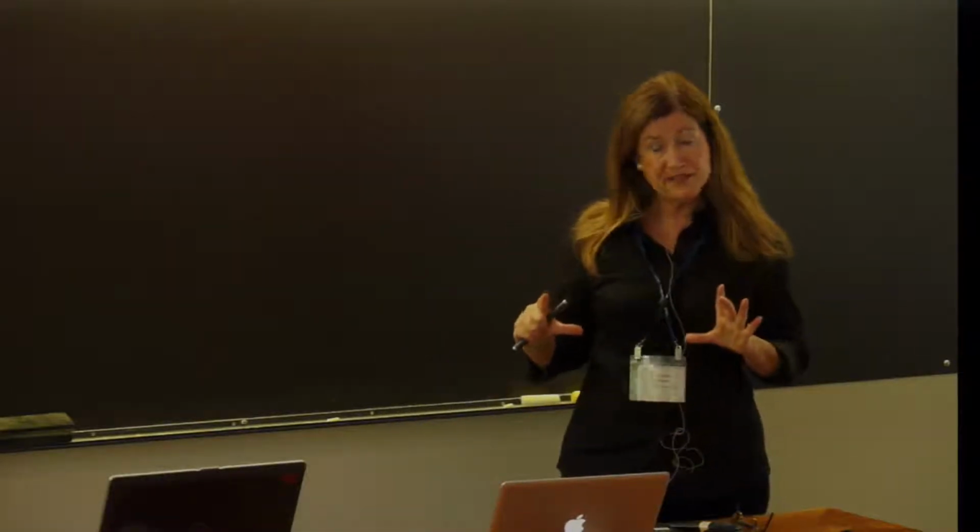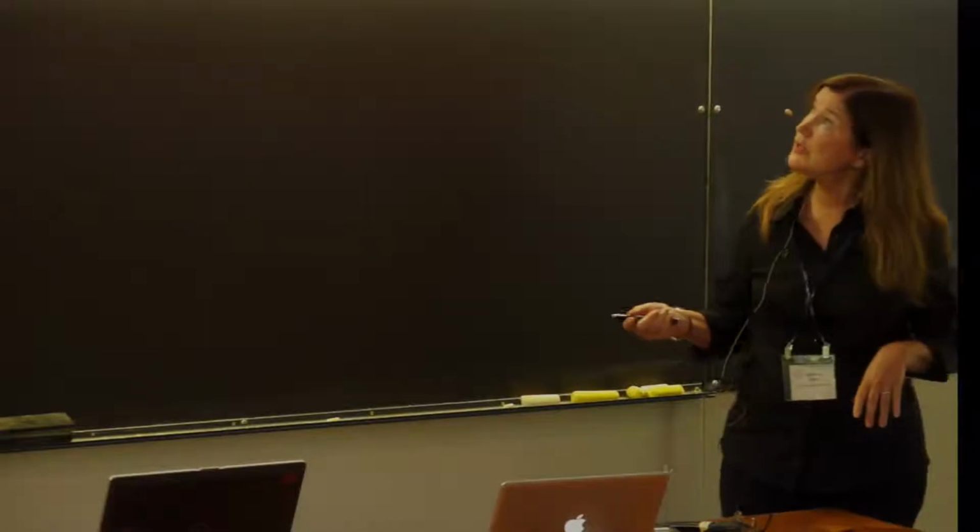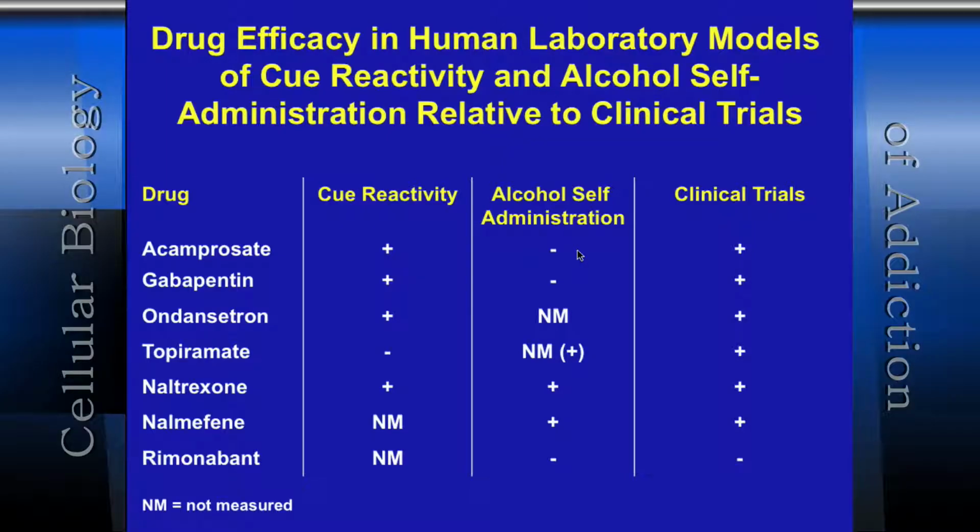This is a little piece of that Rosetta Stone that I referred to earlier. Alcohol self-administration and Q reactivity are 2 of the models that have been used most commonly in human laboratory studies to assess effects of drugs in alcohol dependence. Stress-induced craving is a model that's getting more traction, but Rajita Sinha is really an expert in this, so I'm not going to address this because you'll hear it from her later.